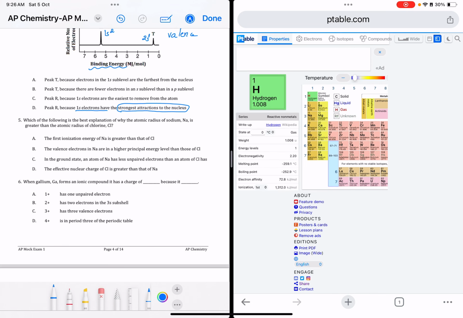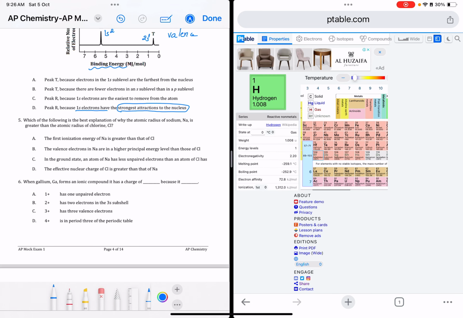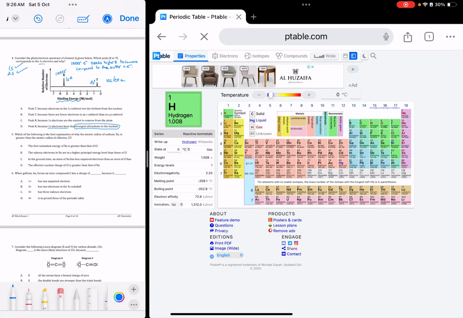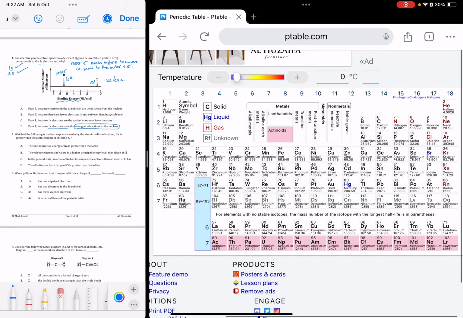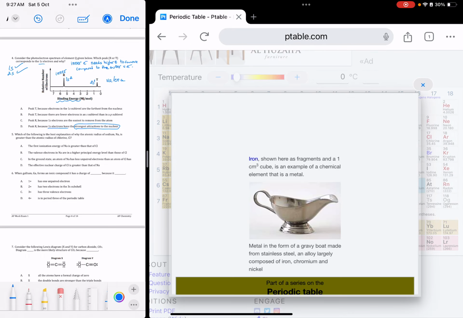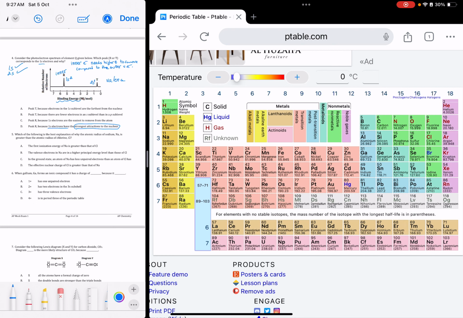They both belong to period 3. We're looking at period 3 elements, sodium, and at the end in group 17 we have chlorine.